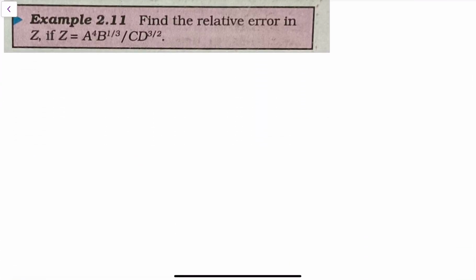Find the relative error if z is equal to a power 4, b power 1 by 3 by c into d power 3 by 2. How do I write this?